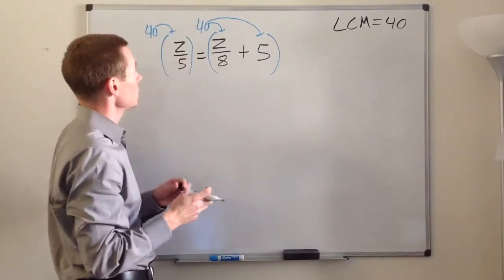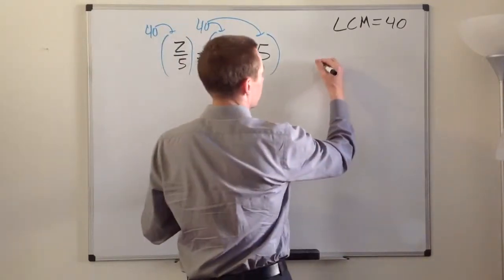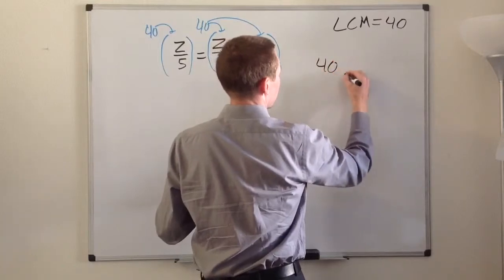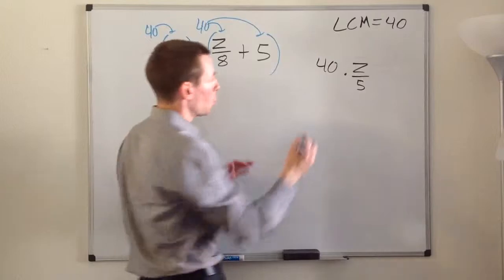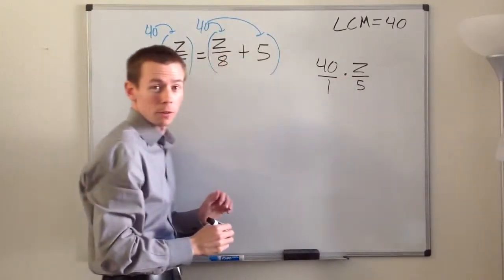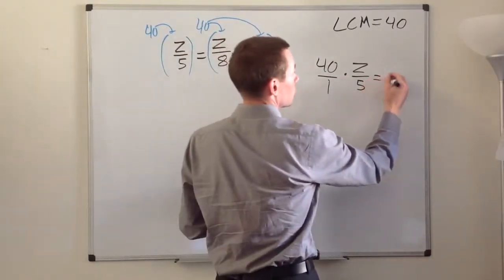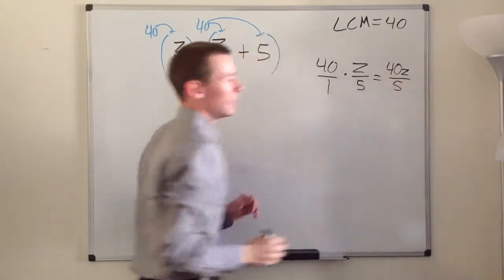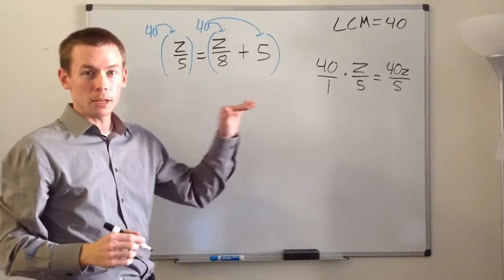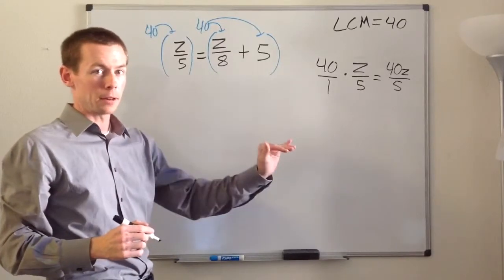So 40 times z over 5 is really 40 over 1 times z over 5, which is 40z over 5 when we multiply numerator and numerator, and then denominator and denominator.